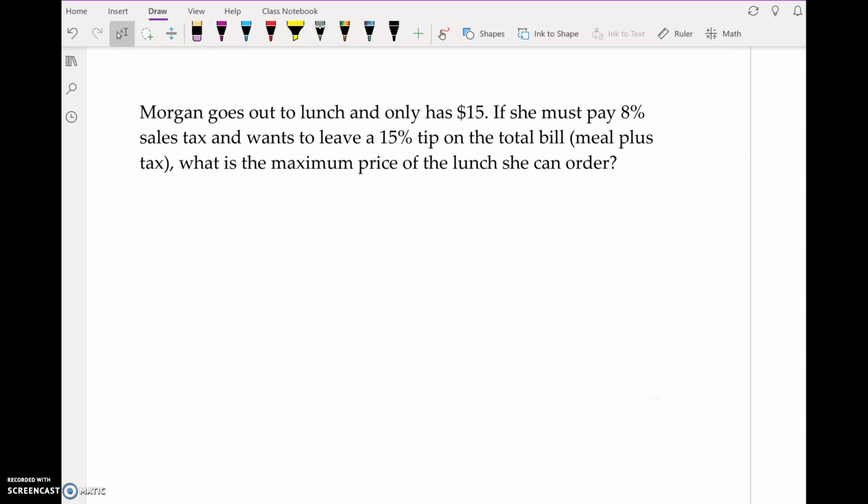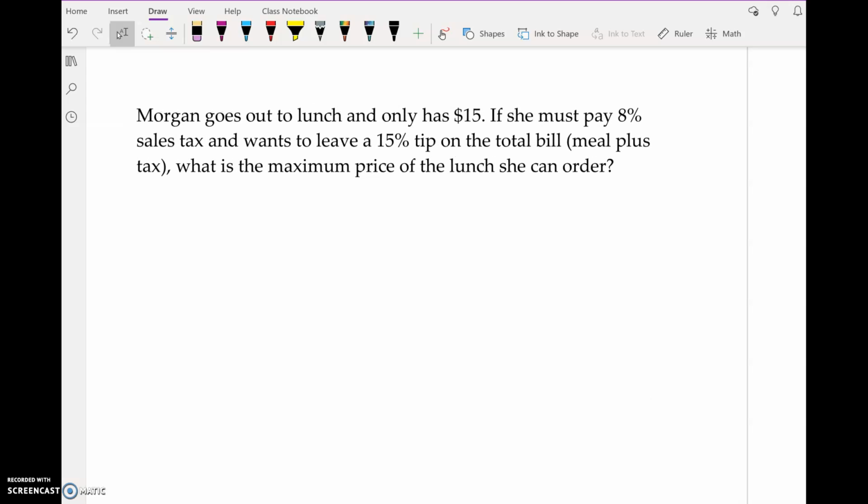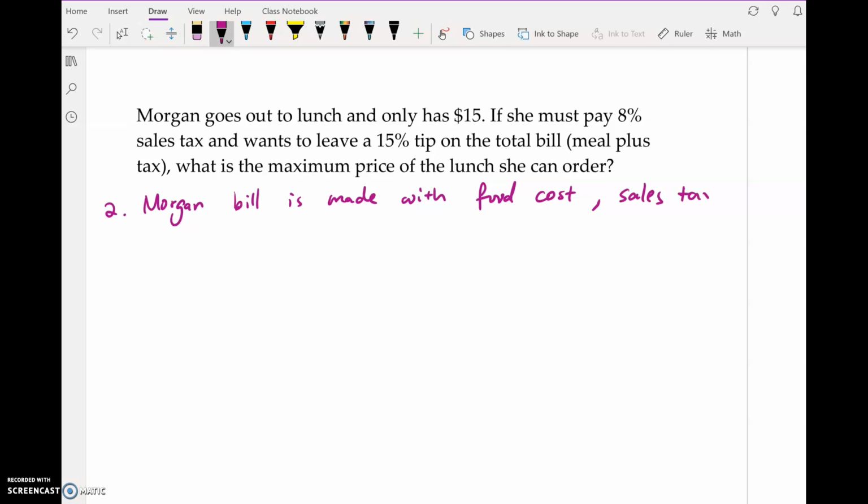Okay. Then the next one is talking about Morgan going to lunch. So Morgan's bill, or the total bill, is made with the food cost, the sales tax based on the food, and tip based on the total, which is the meal and tax.